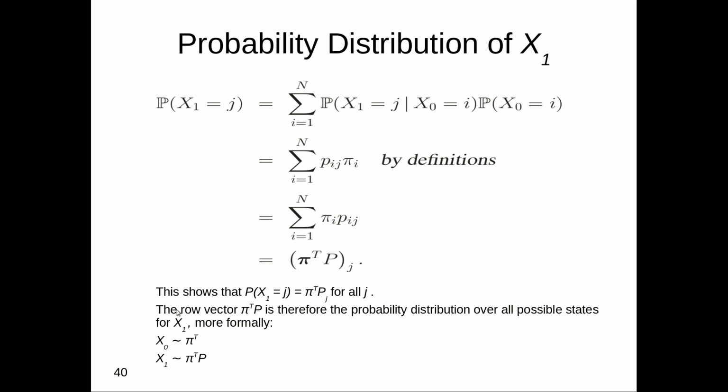So the row vector p transpose multiplied with P is therefore the probability distribution over all possible states for x1. More formally, x0 is distributed according to the transposed prior probability vector, and x1 is distributed according to the transposed prior probability vector multiplied with the transition matrix.